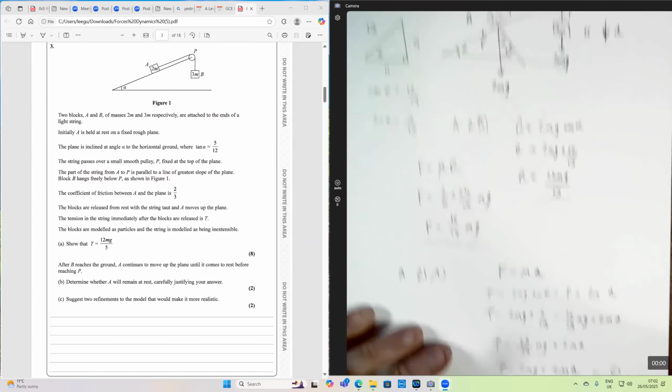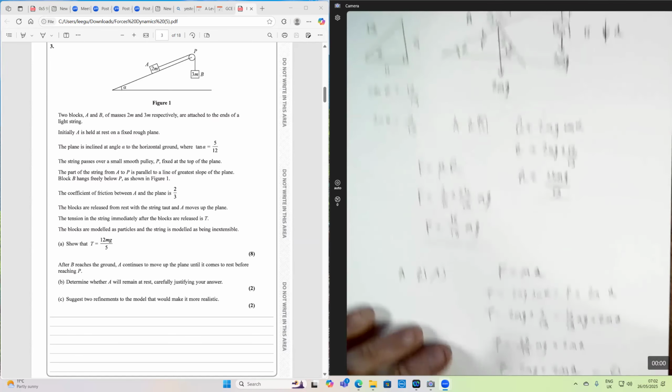So we have T minus 2mg is equal to 2ma, and a is 1/5 g. So that's 2mg over 5 is equal to T minus 2mg. We're now going to add the 2mg across to the other side. So T is equal to 2mg over 5 add 2mg.